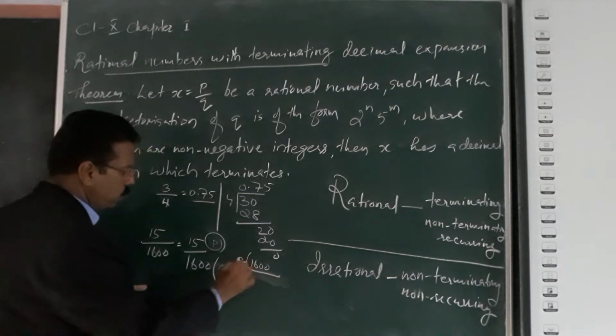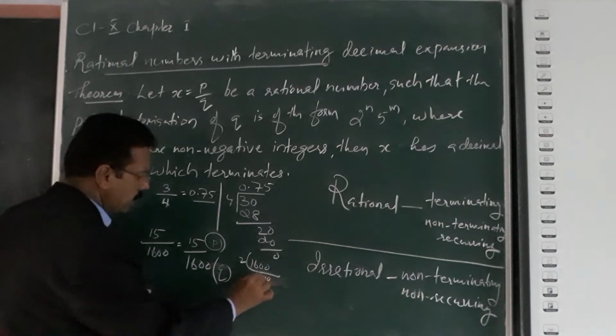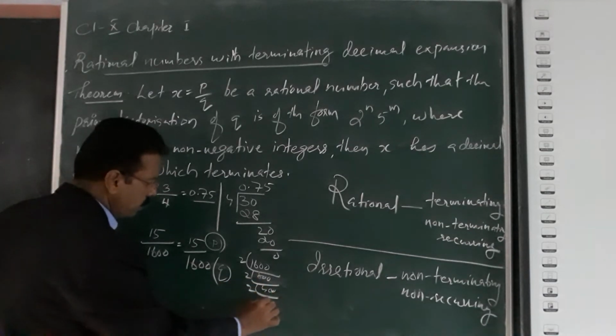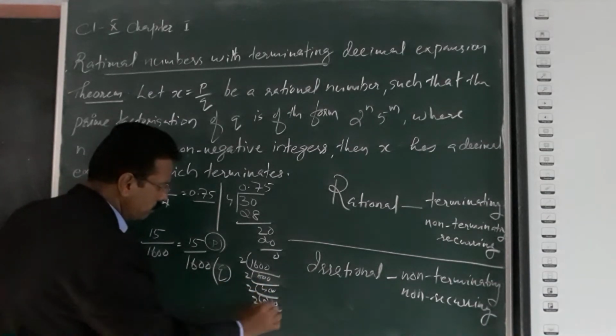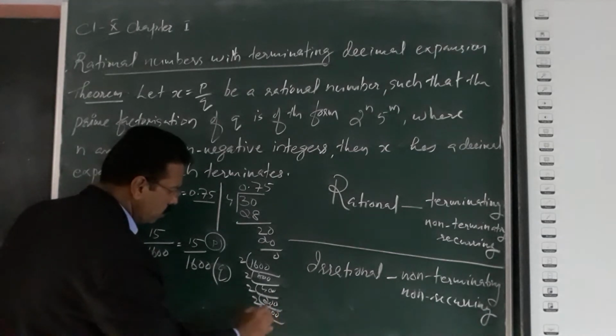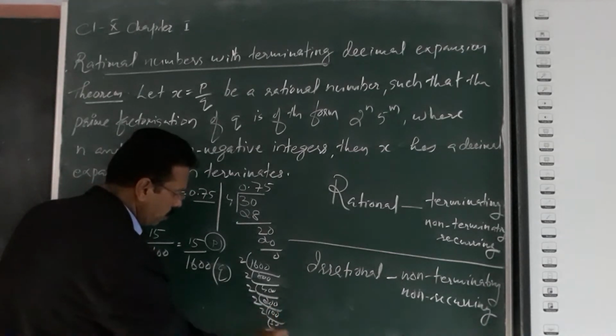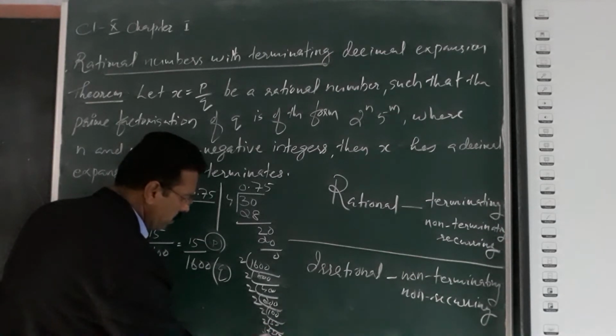Factorize it. 2, 800; 2, 400; 2, 200; 2, 100; 2, 50; 2, 25; 5, 5.